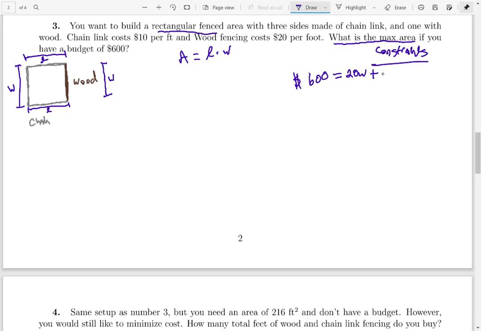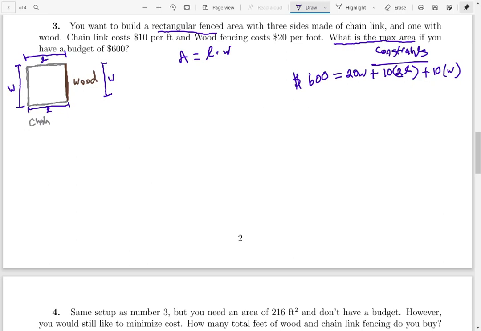There are going to be 2 lengths of L, so 2L times the cost of the chain link, which is $10 per foot, so that's 10 times 2 times L, plus the last piece of chain link, which is just another $10 per foot where the feet is measured in W. And so this is specifically my constraint equation, considering how perimeter works and how cost is going to work linearly.